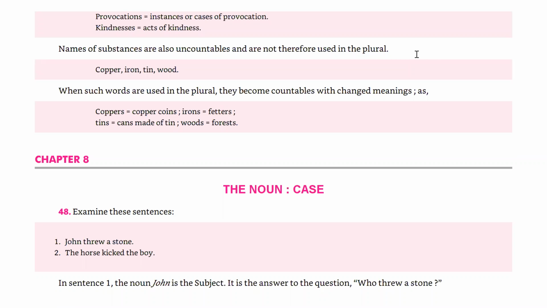Good morning, students. Today we are going to take up a lesson that is noun cases. There are two sentences given before you. John threw a stone, the horse kicked the boy. In sentence 1, John is the subject because it answers the question, who threw the stone?